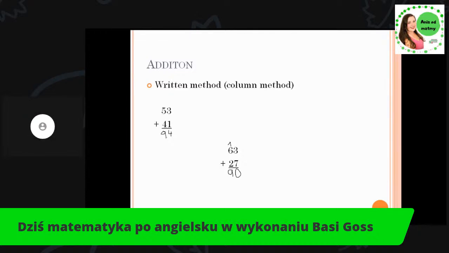And the next addition to try. Do you have a piece of paper or a notebook and a pen so you can do it? This is called the written method because we write the numbers on paper.